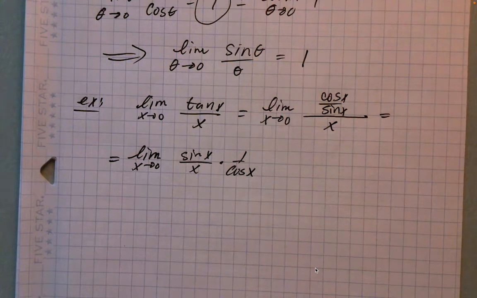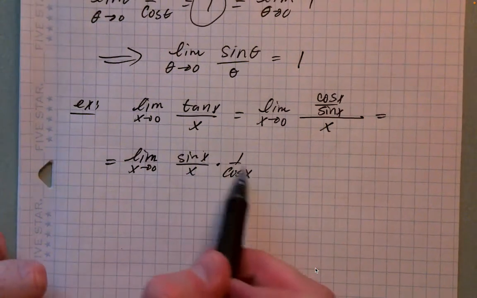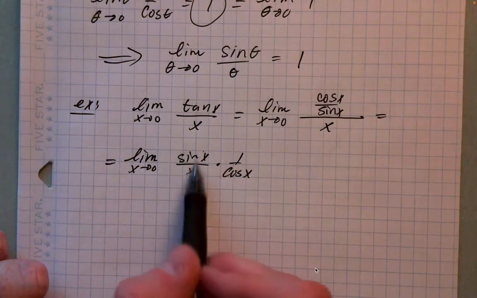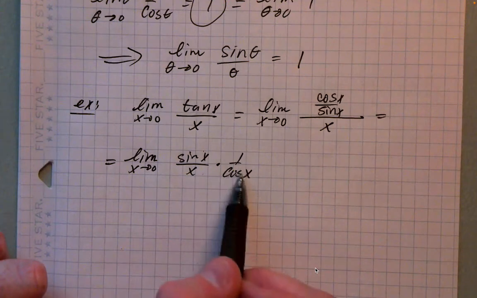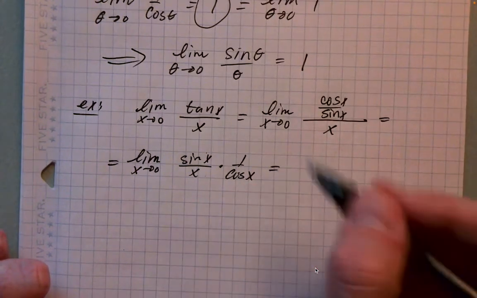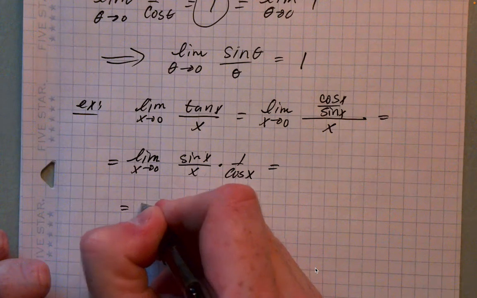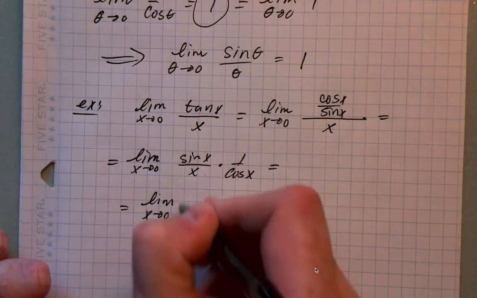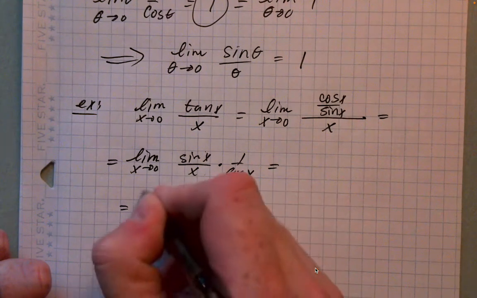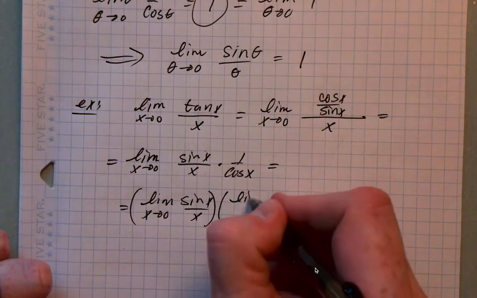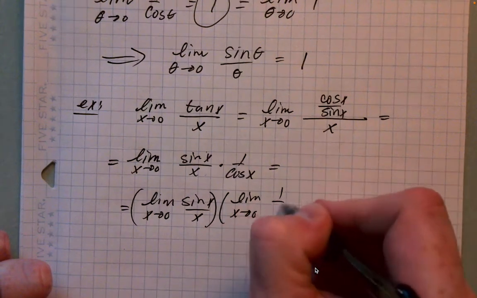Right, and then by this point you can imagine what we're going to do, because we know that both of these are defined. This one we just showed, and this one we know we can get to as well at x equals 0. We can pull those apart, and we have the limit as x goes to 0 of sine x over x times the limit as x goes to 0 of 1 over cos x.